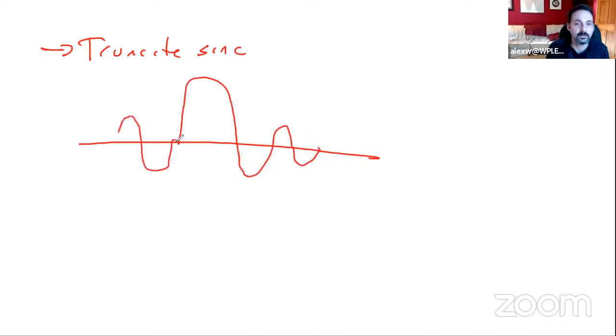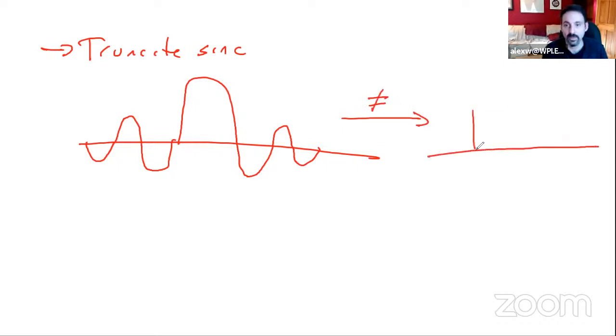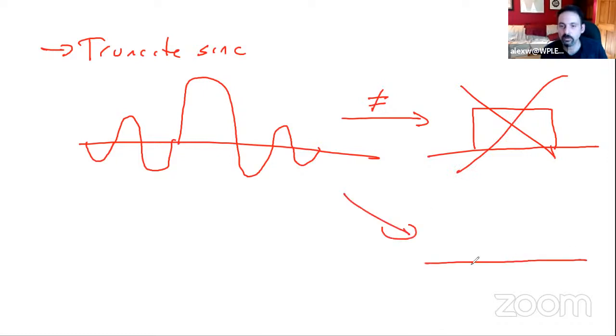And you might say, oh yeah, that's genius, right? No, because this, if you take the Fourier transform, it's not equal to that. It doesn't satisfy Nyquist, right? So what you will get is something that will look like this.